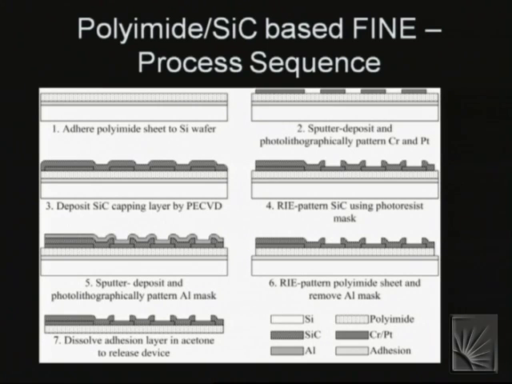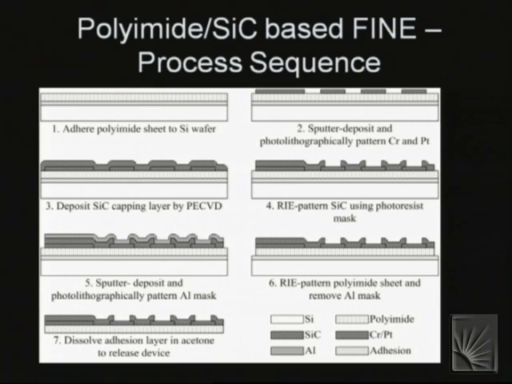So the process is relatively straightforward. Those who are familiar with silicon processing would recognize this as the typical monolithic processing sequence, with the exception that instead of using the silicon substrate to support the entire structure, we're only using it to carry the substrate, which is a polyimide sheet.